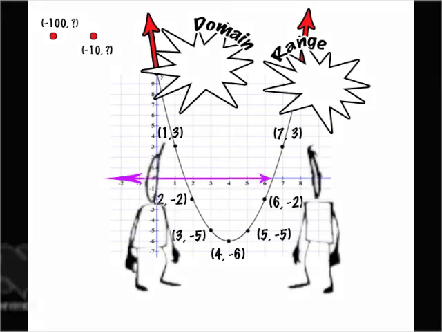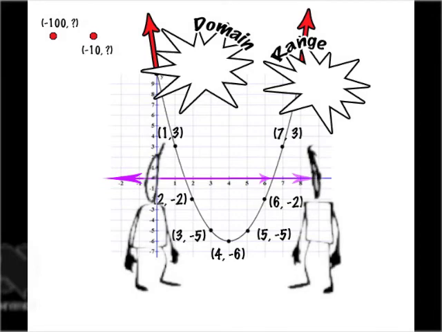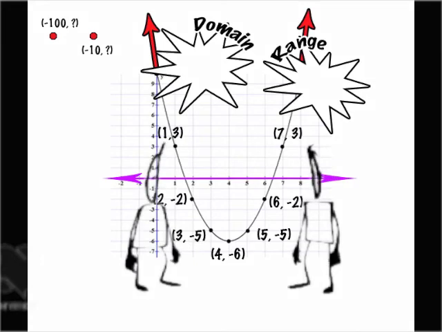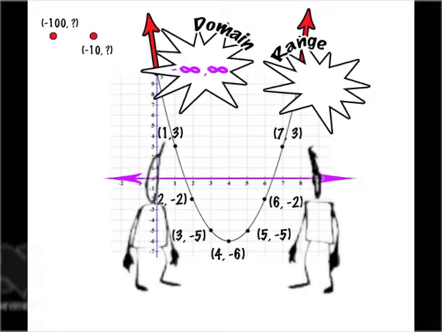What about the right-hand boundary? You guessed it. The x-coordinates will make their way all the way up to infinity on the right as well. That means the domain includes all x values from -infinity to +infinity. This essentially means that x could be any real number.